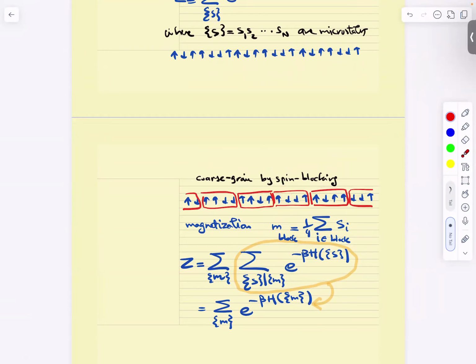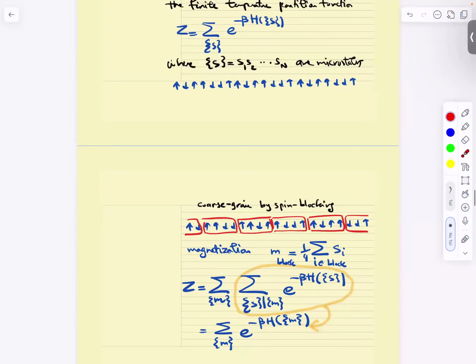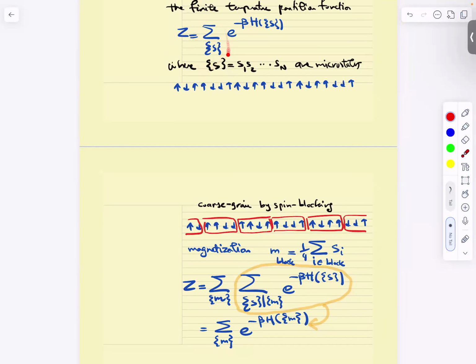Now, this is the absolutely important part. The sum over all microstates can be written as a sum over all macrostates. Different fixed values of m's are macrostates. And then there's a little sum, which is, for a fixed macrostate, which microstates contribute.